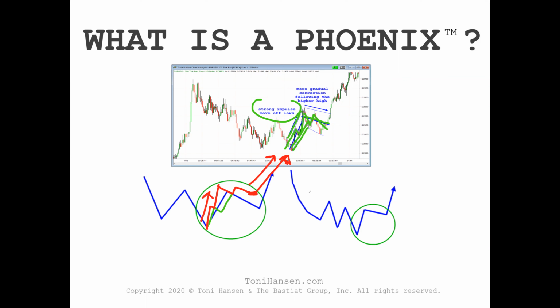It can still go and do the 1-to-1 return, but it could stall at a 76.4% extension. So it depends on, is this a really good exhausted downtrend, or is this a brand new downtrend?